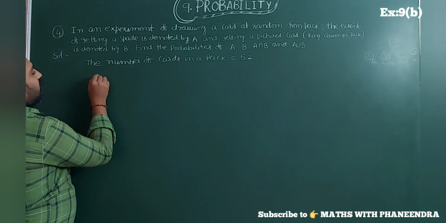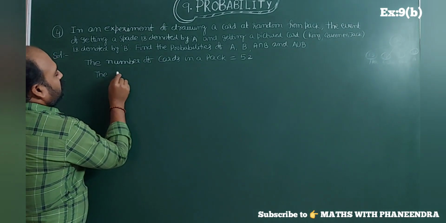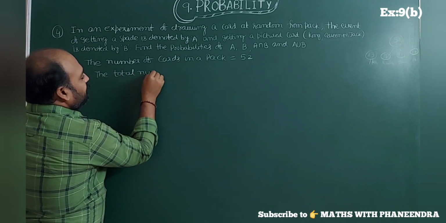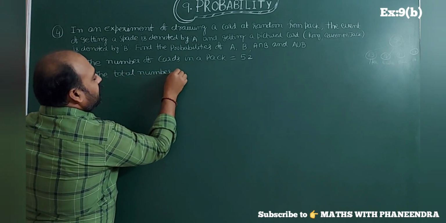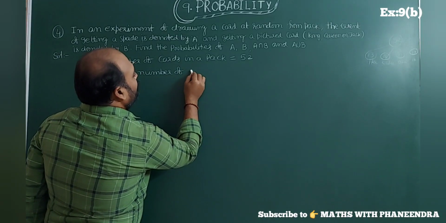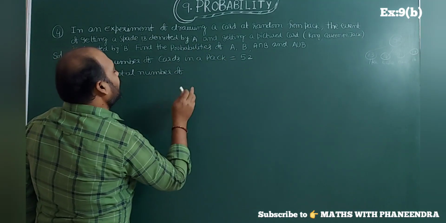So the total number of outcomes is 52. In that, one card we are selecting.